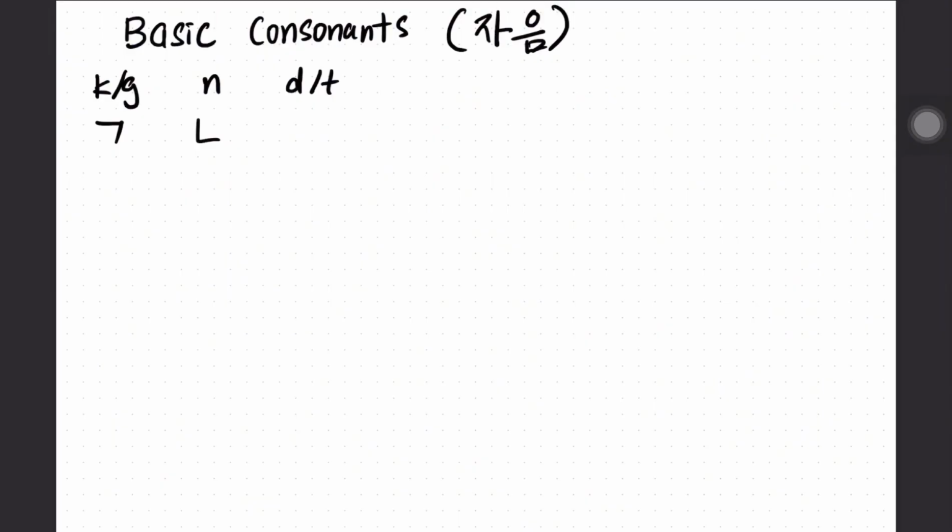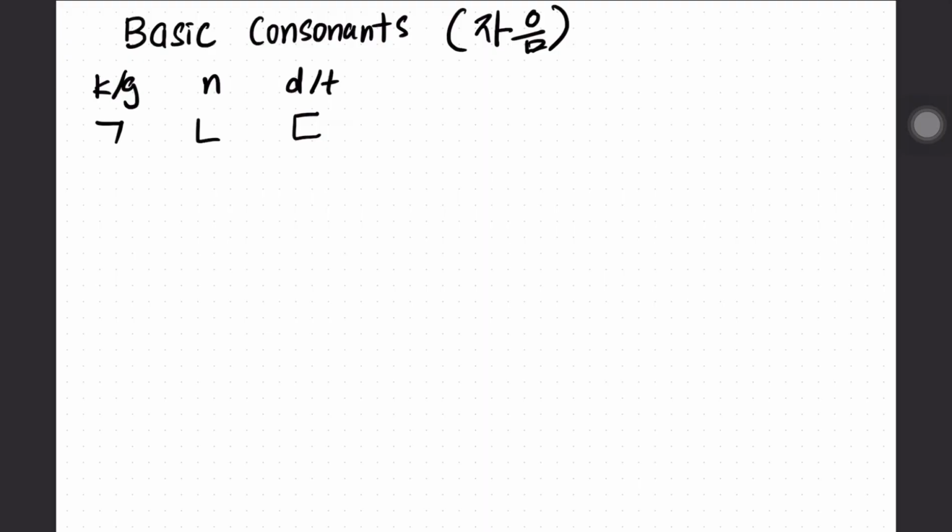We have the correct sequence for how to write them. So 1, 2, 3. Again, 1, 2, 3. Okay, done for our D or T, digut.